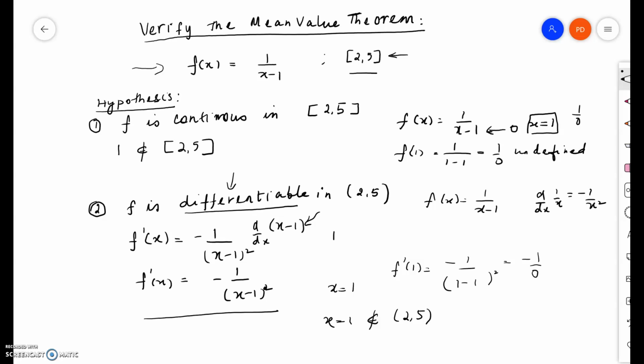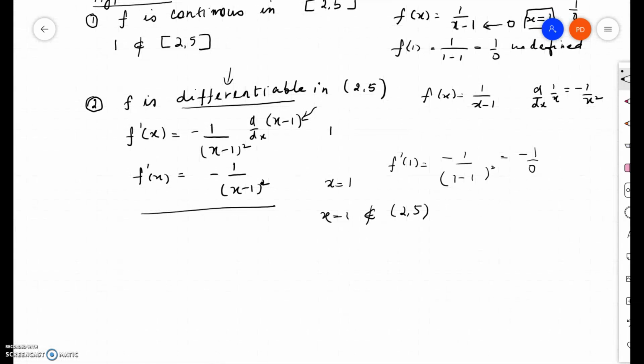So if the two conditions are satisfied, then the mean value theorem guarantees that there is a value c in the interval 2 comma 5 such that f prime of c is equal to f of b minus f of a divided by b minus a.